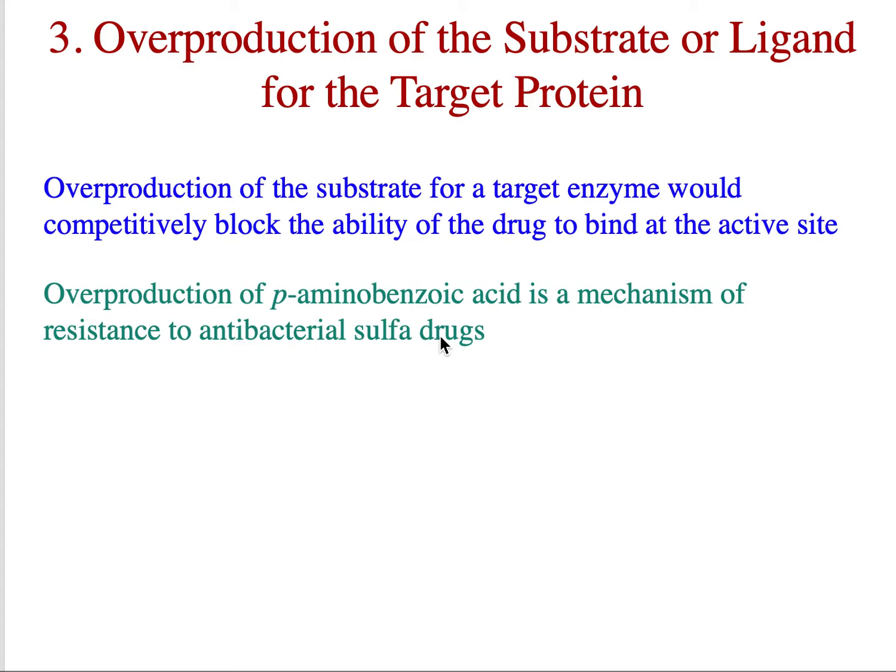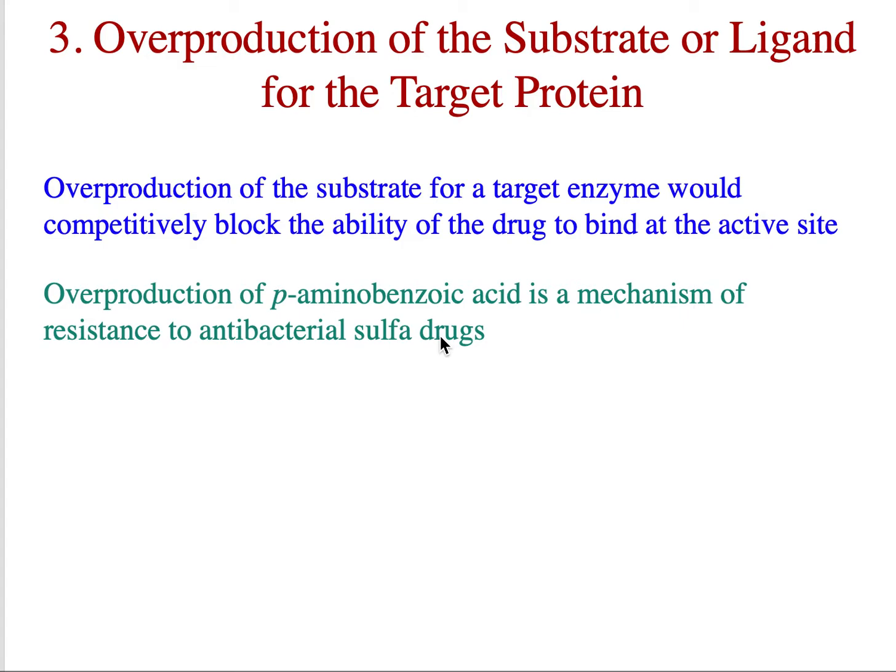What the tumor or the bacteria could do would be increase the amount of ligand that the cells produce for that enzyme that your inhibitor inhibits. Does that make sense? Hopefully that makes sense.